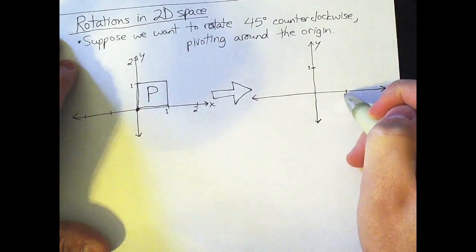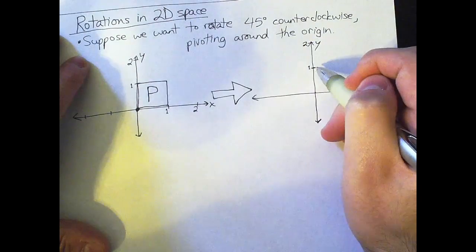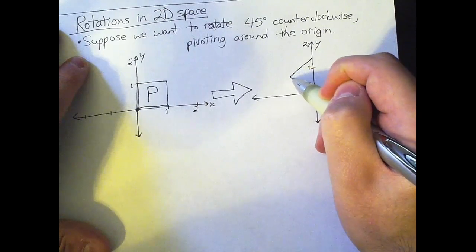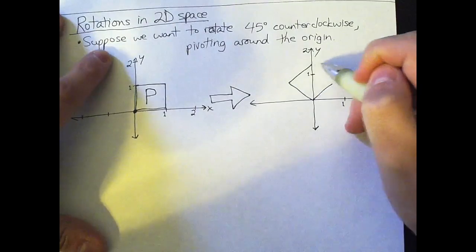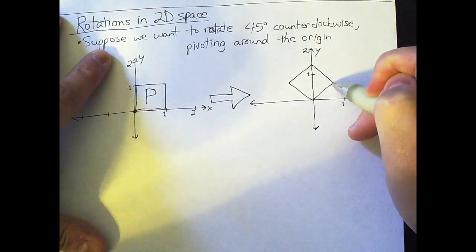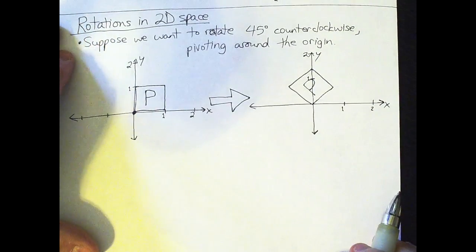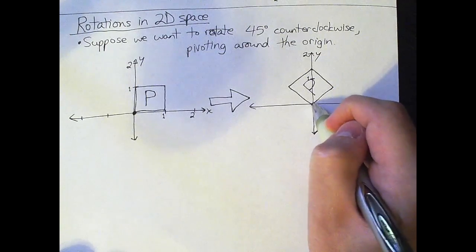We'll do the same kind of scale. You should wind up with something like that. We rotated, and this is the result of rotating 45 degrees.